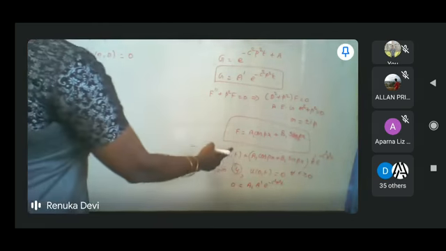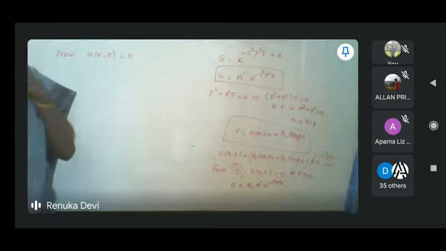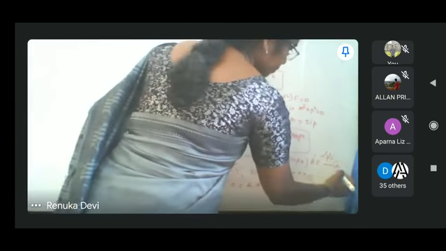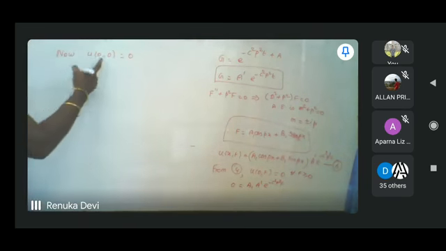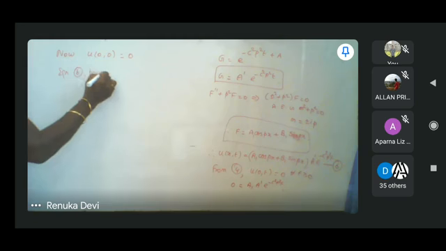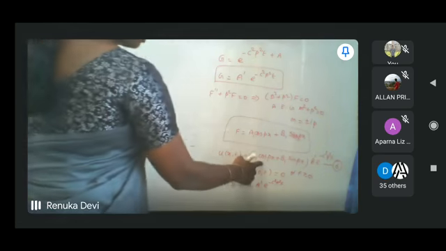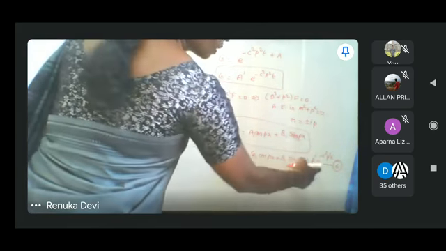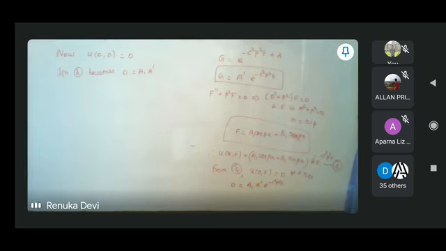So in that case, is this equation 6 or 7? It's 6, I think. u of 0 comma 0 equal to 0 implies equation 6 becomes, with x equal to 0 and t equal to 0, 0 equal to a1 a dash. Is it okay?